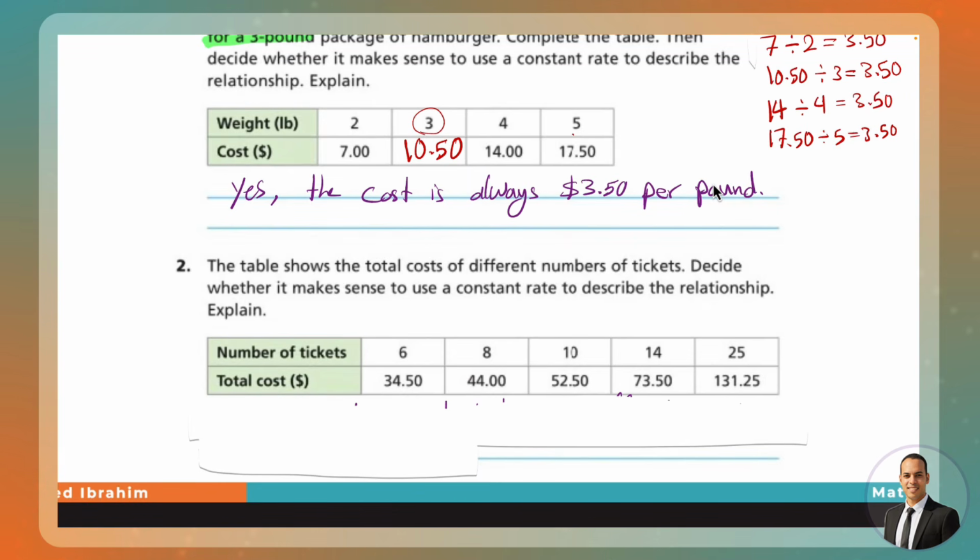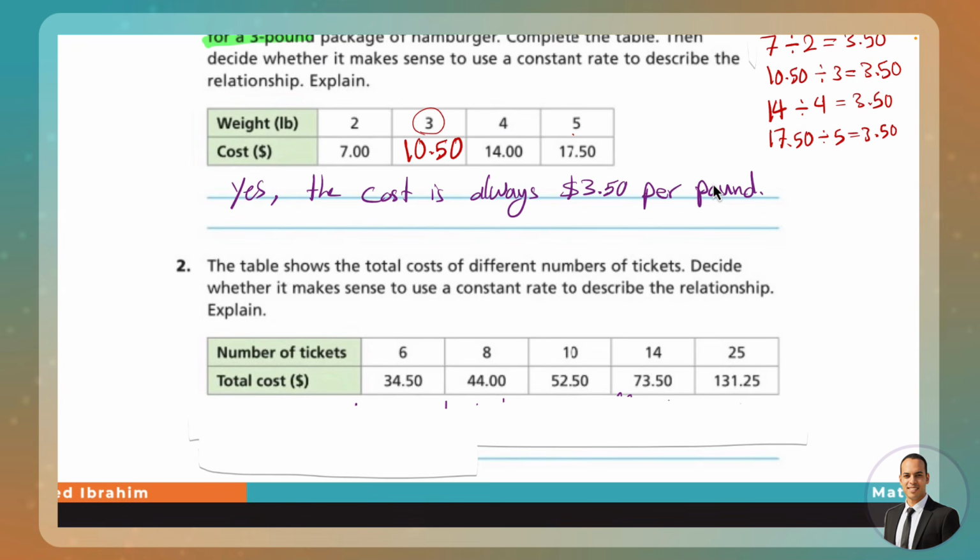Question 2. The table shows the total cost of different numbers of tickets. Decide whether it makes sense to use a constant rate to describe the relationship. Explain. Okay, so here we have the number of tickets 6, 8, 10, 14, 25, and the total cost. So we will do the same, guys, like we did in the previous question.